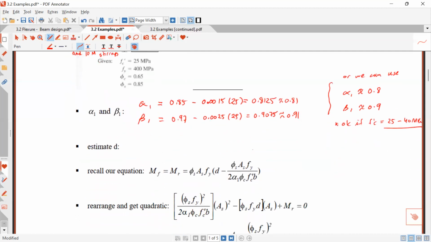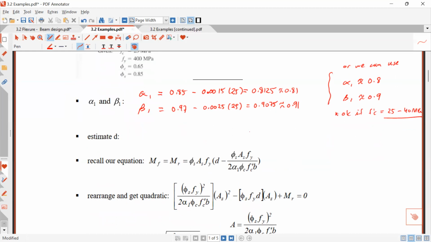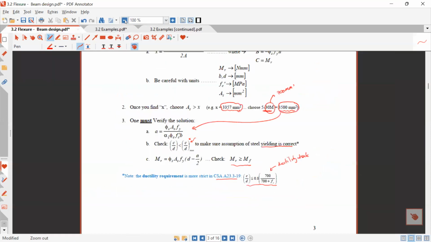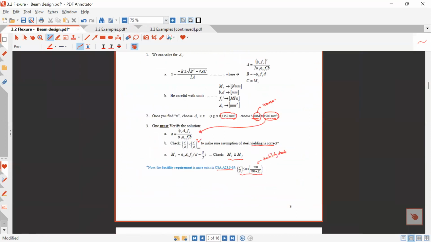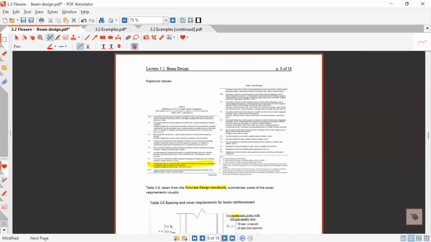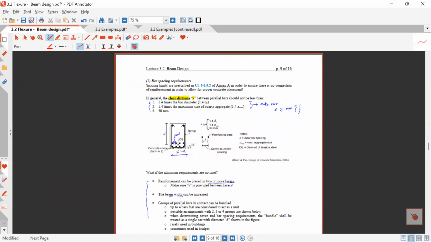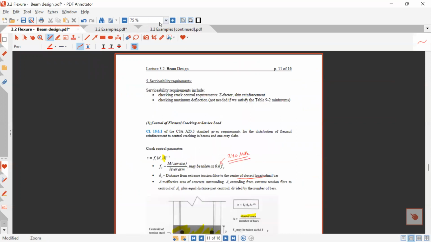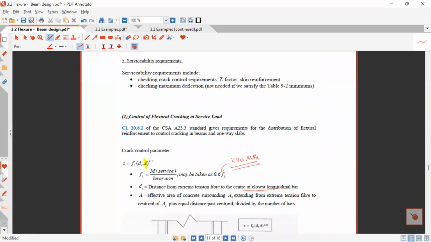All right. Next, we're going to estimate D. I didn't mention this here, but it's in this handout towards the end. If I know I'm using 30 M, 10 M stirrups, and I know the cover, then I can calculate the actual effective depth. But sometimes you don't know what the bar size is. So this thing that I'm going to show you now is useful if you don't know the actual bar size.